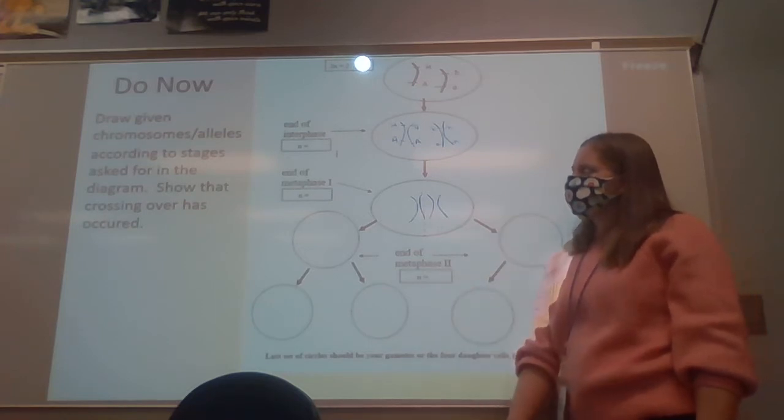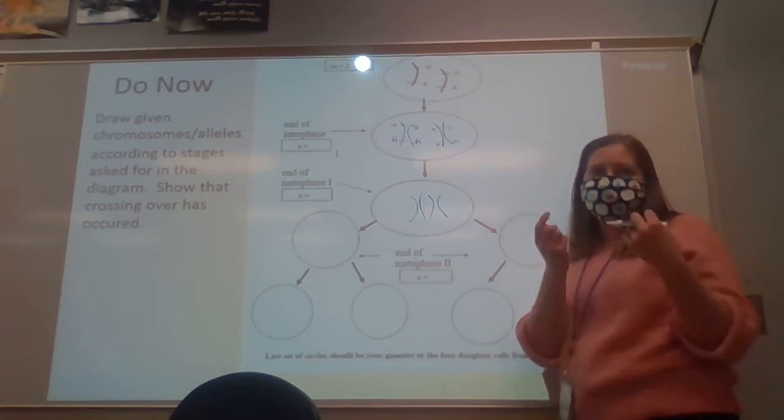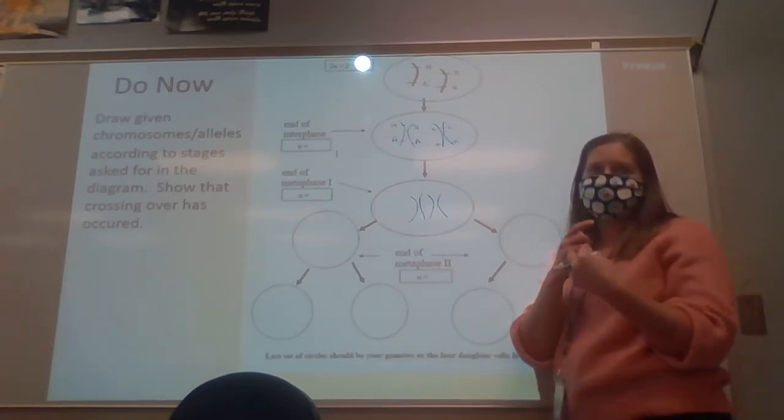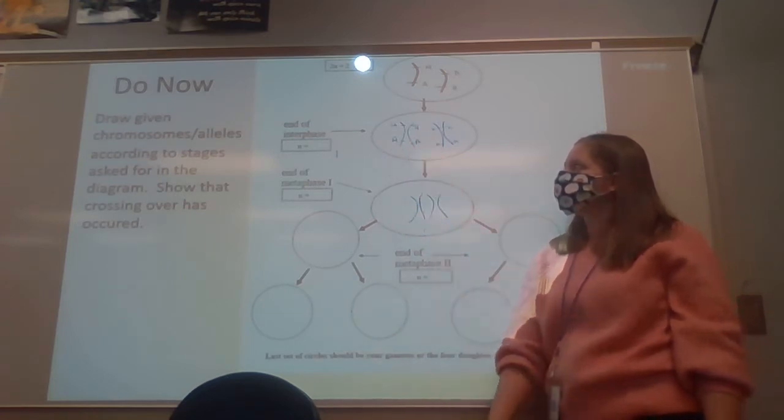We also want to show that crossing over happens. So what happens during crossing over? Sister chromatids can swap alleles between the homologous chromosomes. So which do you want to swap, the H or the A?